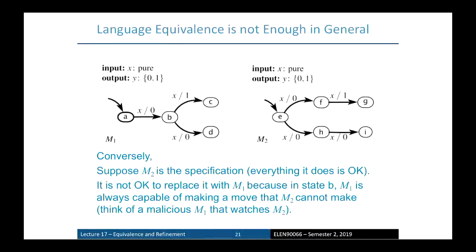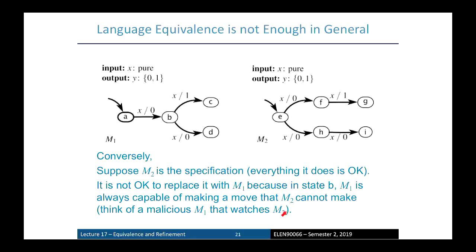But if we flip it around a bit, and I might draw out this one to show you a little more, let's see what happens when we pretend that this is the specification now. So here's the spec, and we want to replace it with M1. Now, one way of thinking about this is, let's pretend that M1 is a malicious machine.